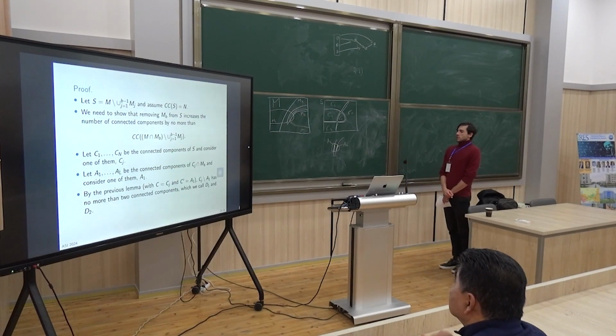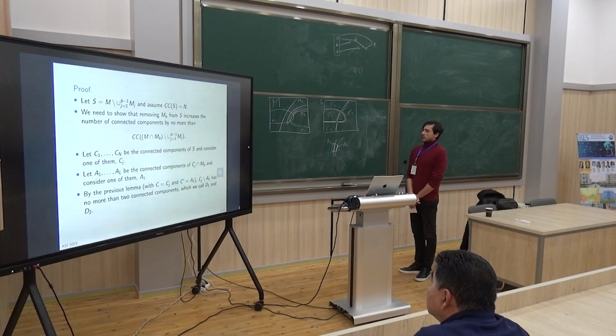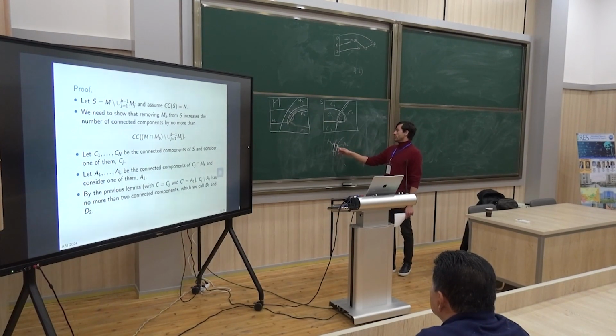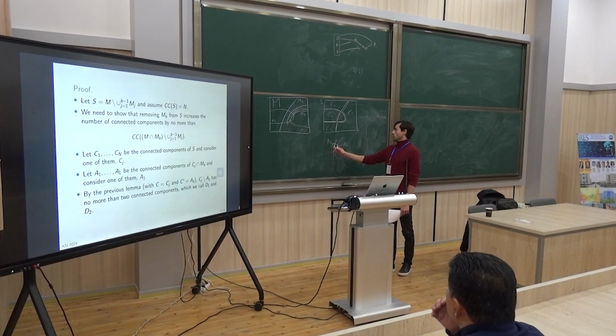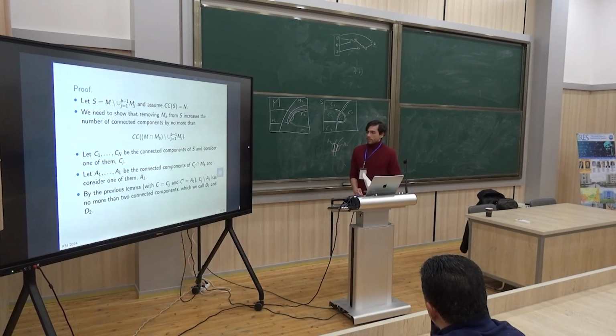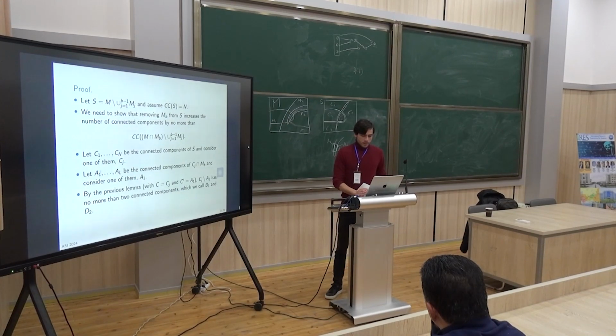All right. So what the previous demo was telling us is that if we subtract a connected component from this thing, we're going to get at most 2 pieces. So if we were to subtract A1 from this C4, we get at most 2 pieces. So this is the statement here in the last bullet point.